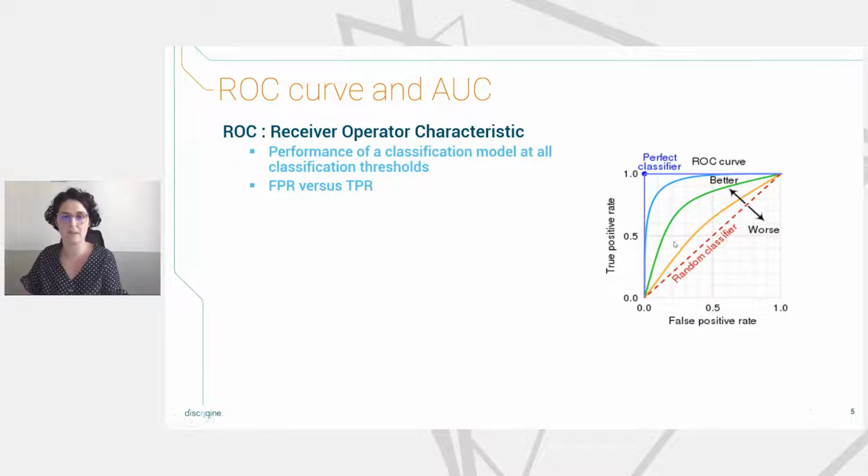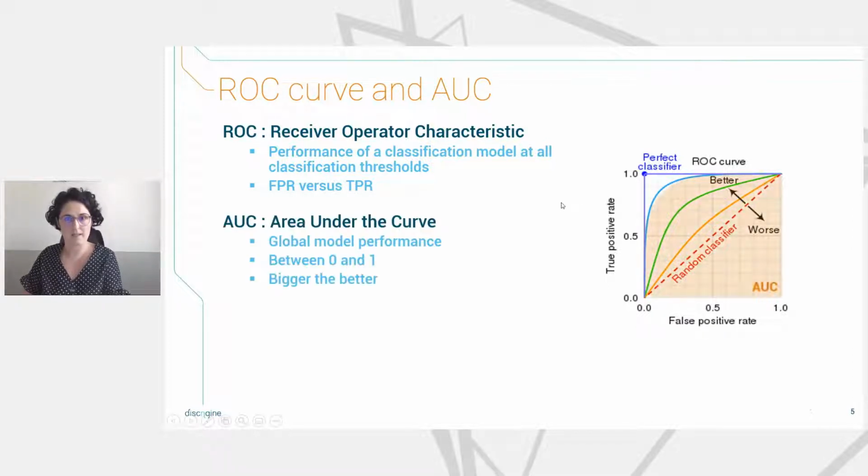The perfect classifier, here in blue, will retrieve all active compounds before inactive compounds. Then in orange, you can see the AUC, the area under the curve. It gives you the global model performance. It is a value between 0 and 1, and the bigger the better.